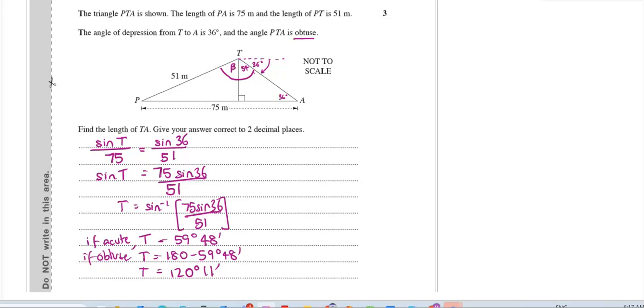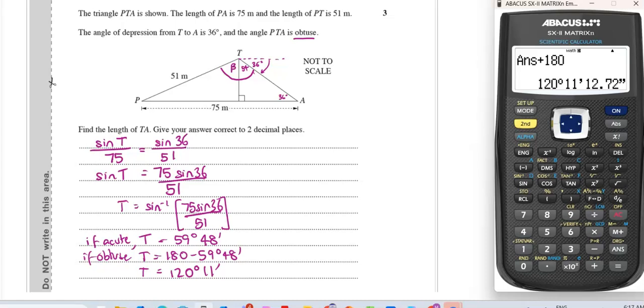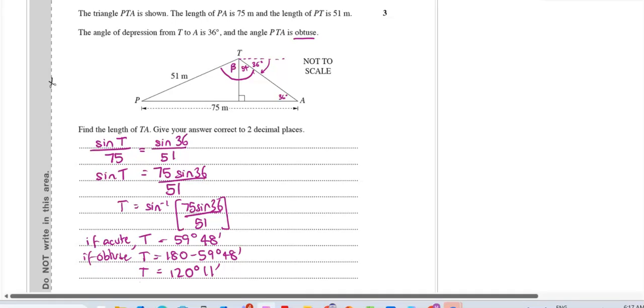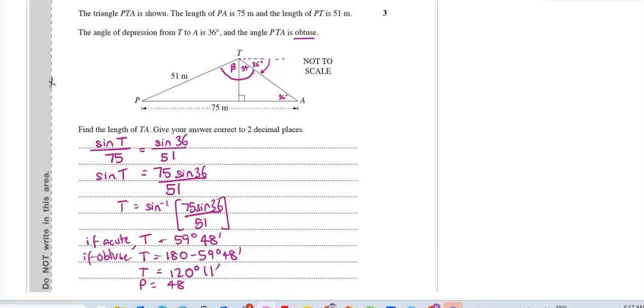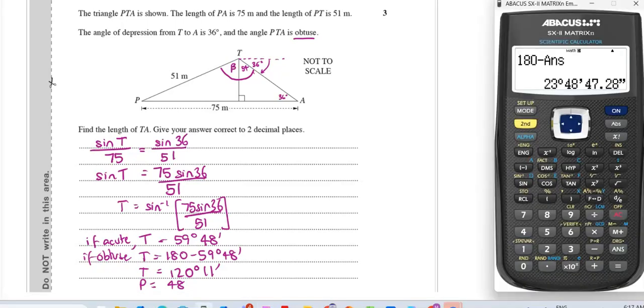I know that the other angle was 36, so I can work out the remaining angle at P. So that plus 36 gets me to that, and 180 minus that answer reveals the angle at P. So the angle at P must be 23 degrees and 48 minutes.